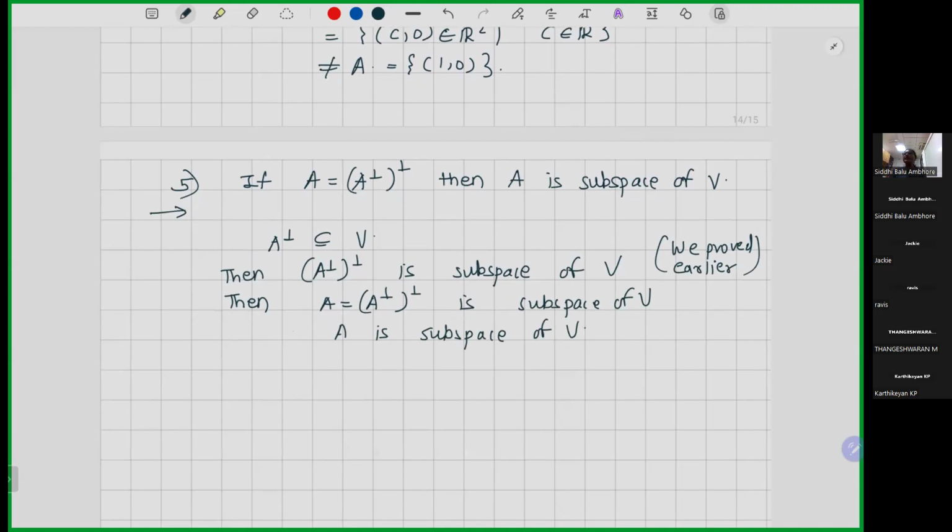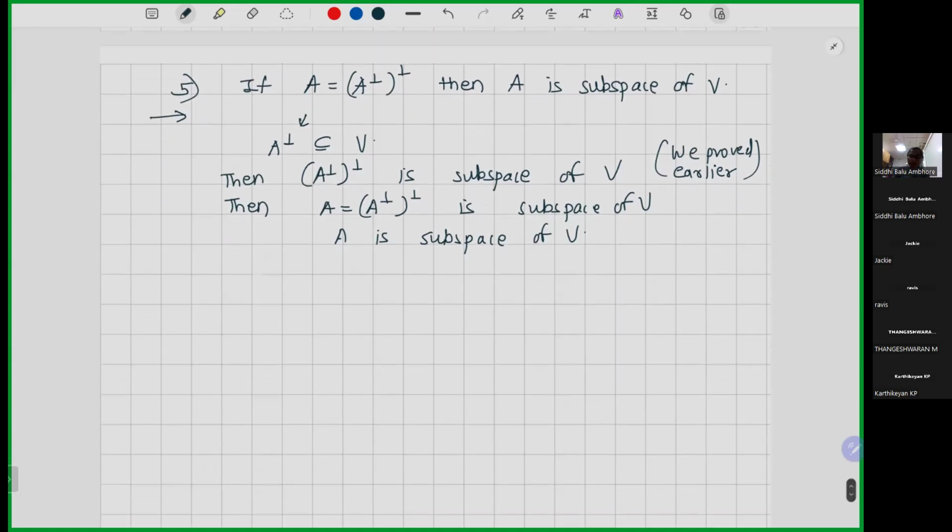Because we proved that for any given set, its orthogonal complement is always a subspace. So we can take that set to be A perp, and its orthogonal complement is a subspace. But what is that? It is A again. So that gives us that A is a subspace itself.